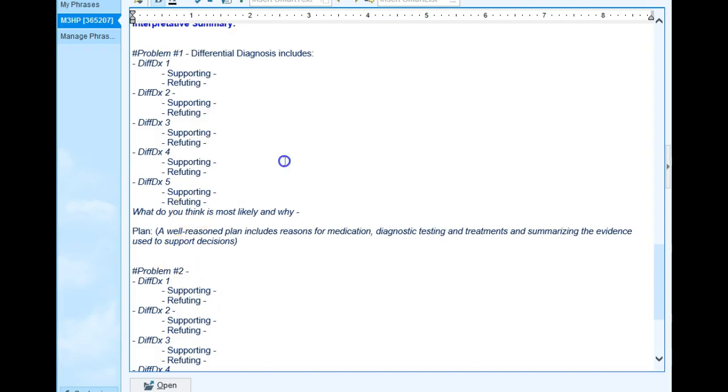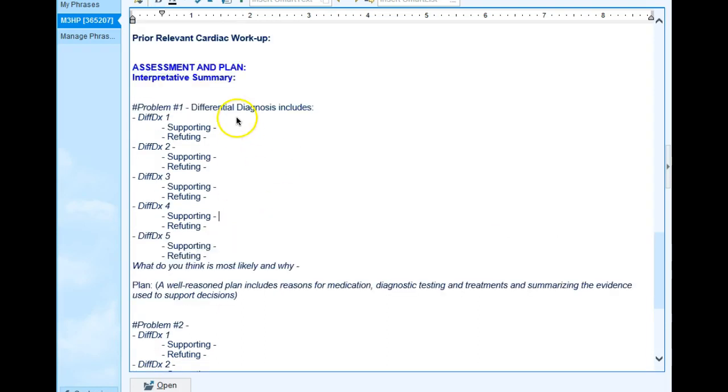Definitely start with a summary statement, an interpretive summary. Many students write a very good summary of the chief complaint, the key physical exam findings, and the key lab abnormalities that are concerning.